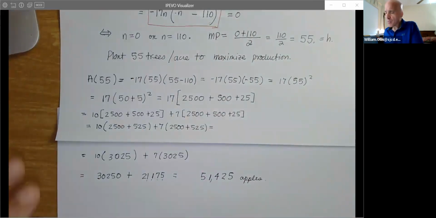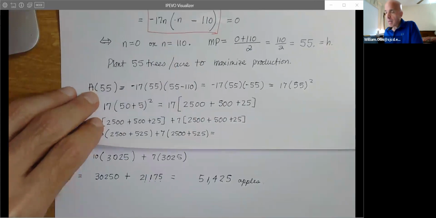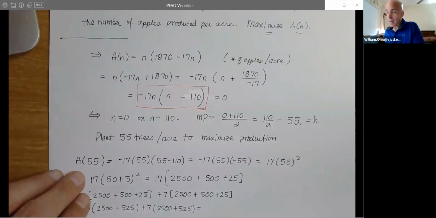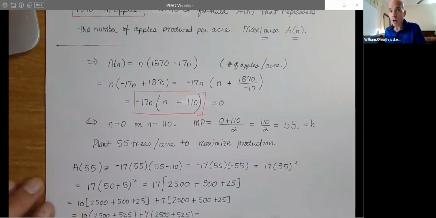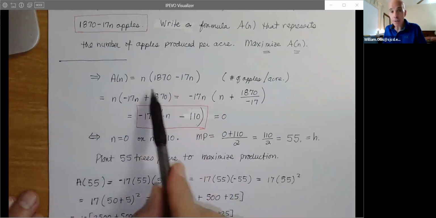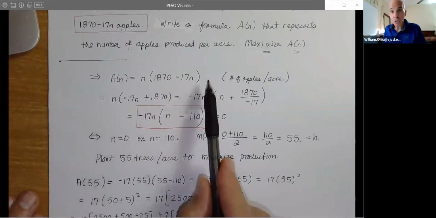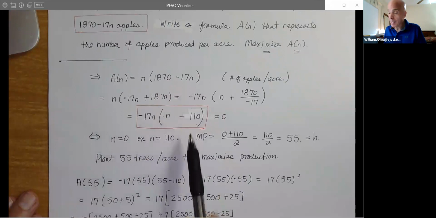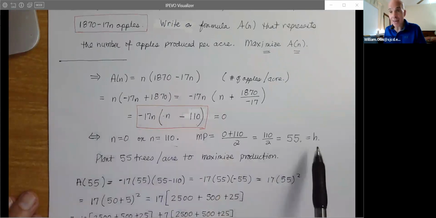So think about this particular problem and just note that what I've tried to do here is give you an alternate method. That is, when we have quadratic functions that do not have a constant term here, we can factor and take the midpoint to find the h.